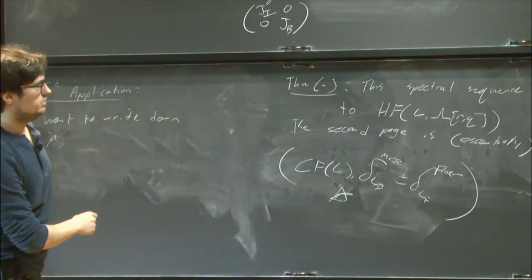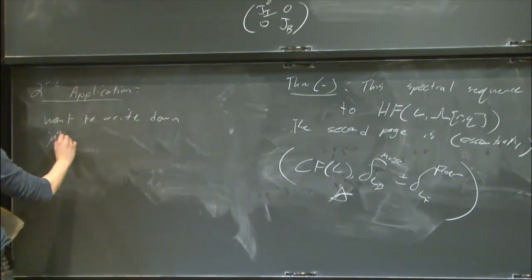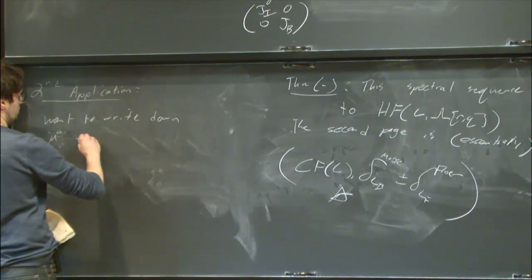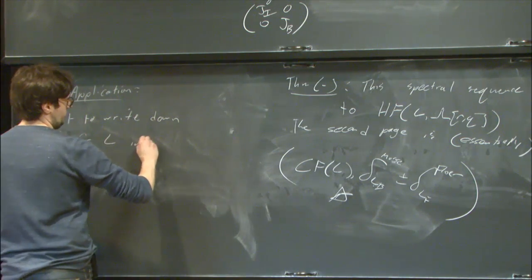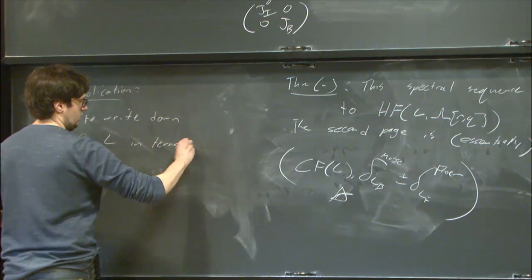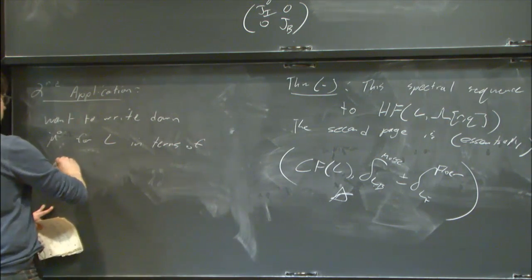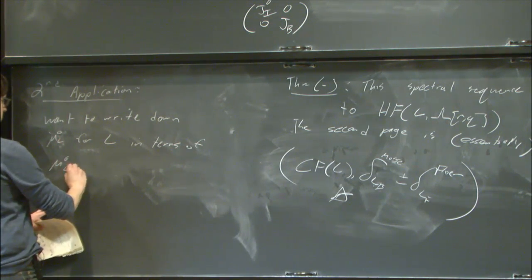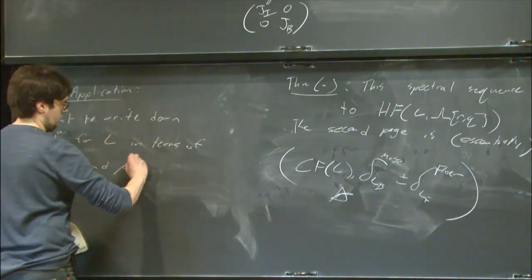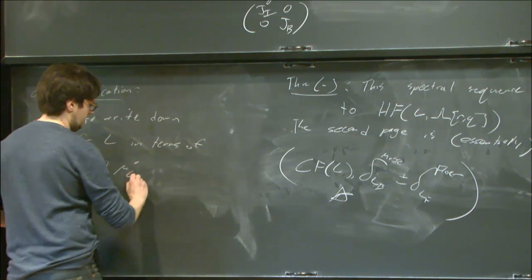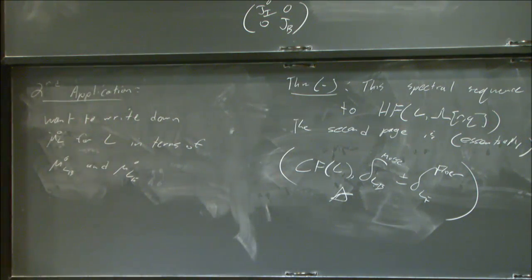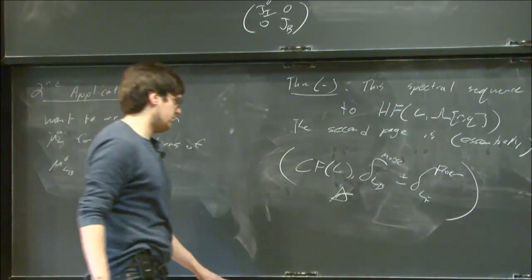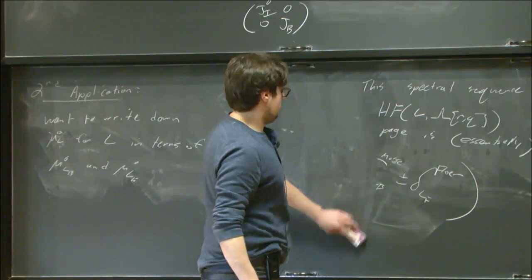What's my notation? Is it superscript? I think it's superscript. Mu 0 for L. In terms of, let's say mu 0, this is for L, this is for LB, and mu 0 LF, right? So you kind of want to express the potential for LF in terms of something from the base and the fiber.